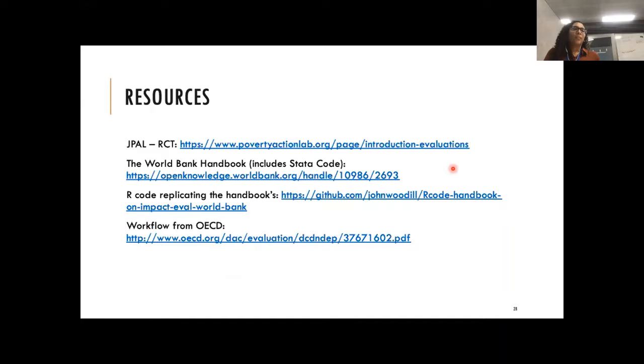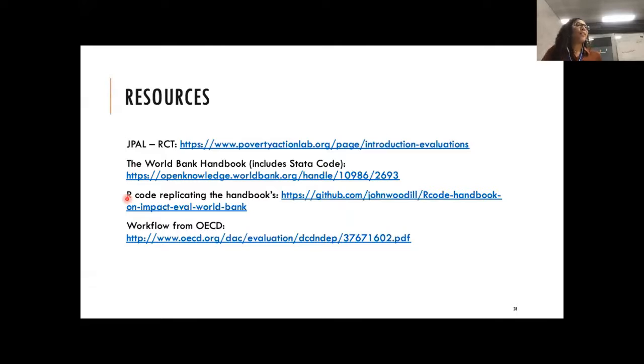And I'm just going to leave you with resources. So JPAL is the research center of the recent Nobel laureates in economics. They do randomized controlled trials, and they have a research option with tons of materials that you can check. There's also a handbook from the World Bank, and it includes the data code for all the methods and some more that we discussed here.